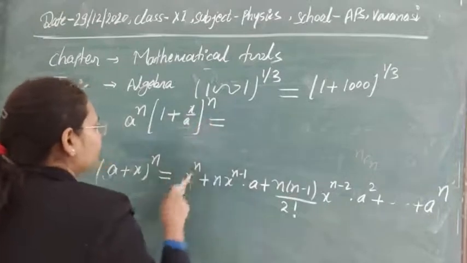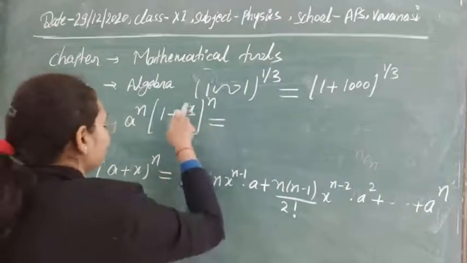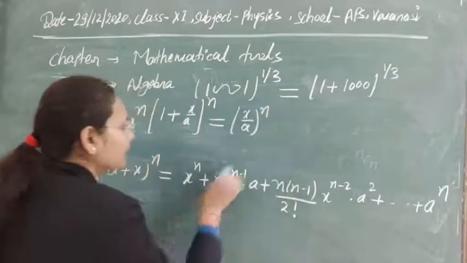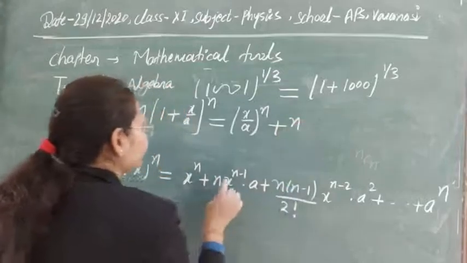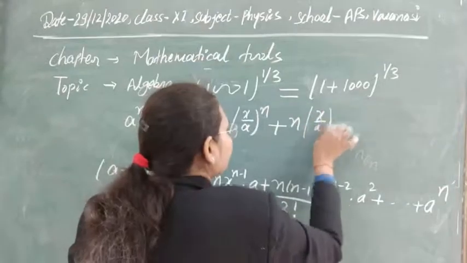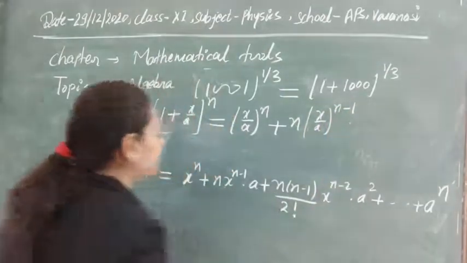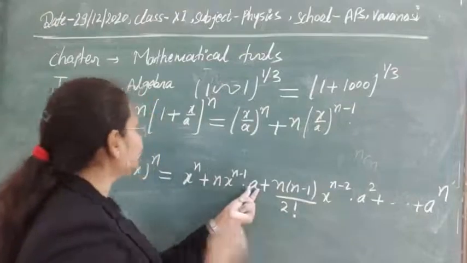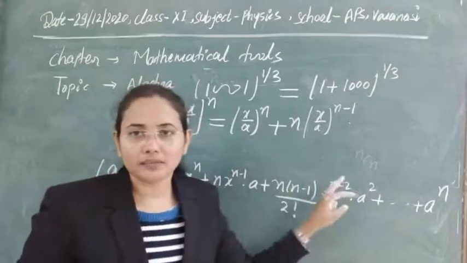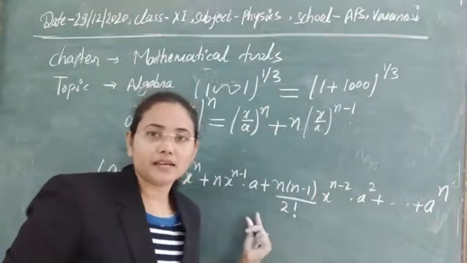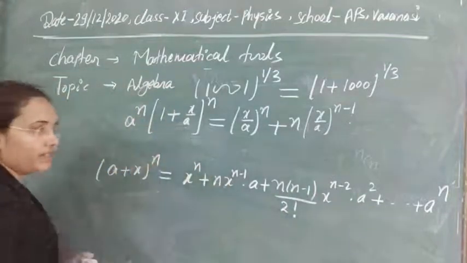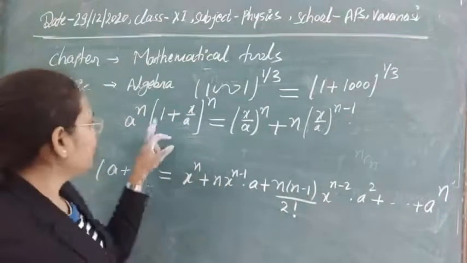First of all, this is our expansion. Here x is x over a, so we get x over a to the power n, plus n into x over a to the power n minus 1, and the value of a is already 1. I took this form only to reduce effort. With the help of this concept of a you can reduce your work. That's why in most cases, whenever I derive a formula, I use this concept.